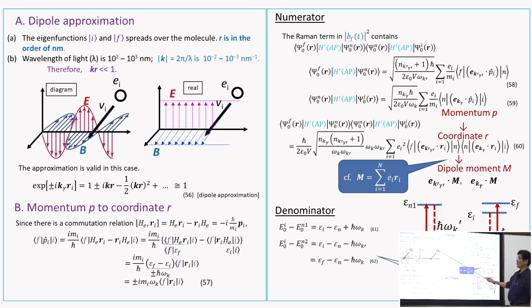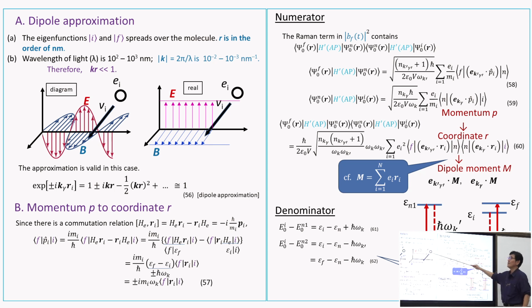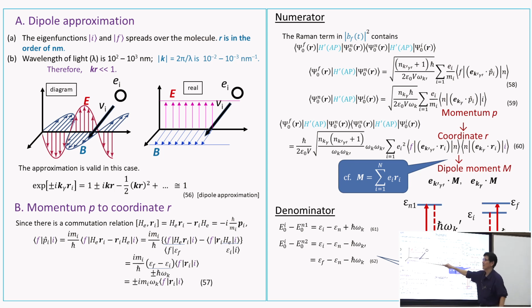So when we focus on the size of the molecule, the electromagnetic field should be almost constant, not such a curve.